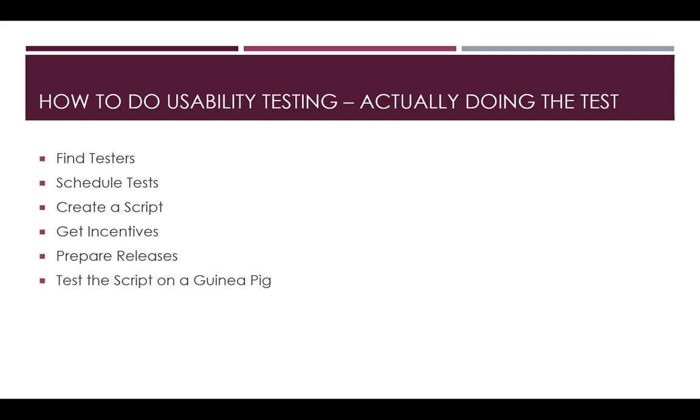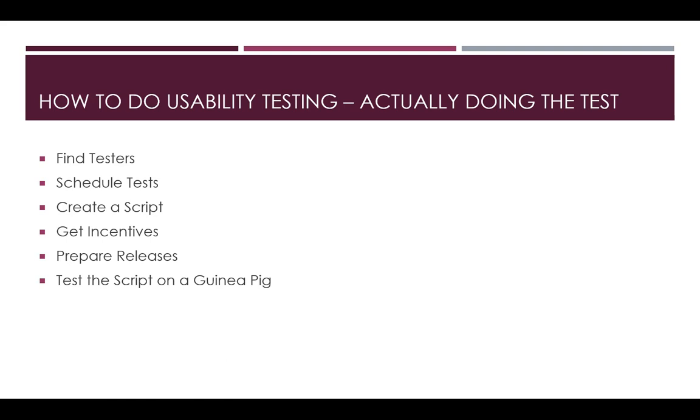And then this is another important step. Test your script on an in-house guinea pig. Now you may remember earlier when I was talking about where to find testers, one of the things I did not say was use your in-house employees, because they're too close. They're going to have too much internal knowledge. But this is one place where you can break the rule.